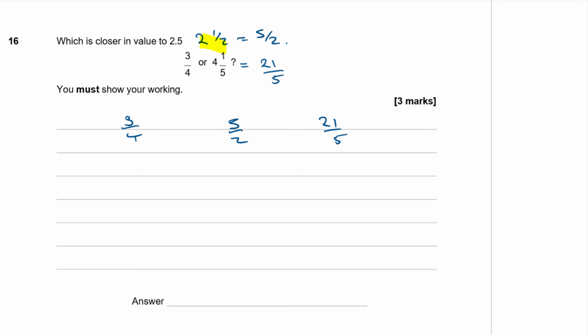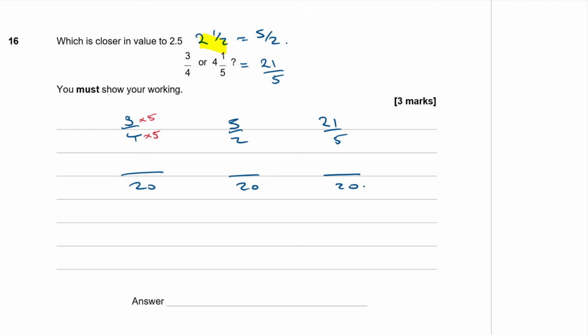Well, to work that out, I'm going to find a common denominator of all 3 fractions, convert them up, and see which one is closer. So what number do 4, 2 and 5 all go into? Well, they all go into 20. So I'm going to change these all to fractions over 20 so I can easily see the gaps. 3/4 is how many 20ths? 4 goes into 20 5 times, so times top and bottom by 5.